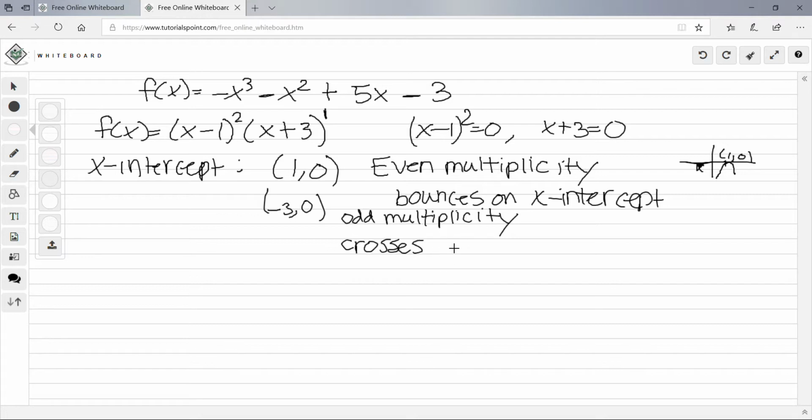So let's say it was right here. This is -3. So if it crosses, it just goes something like this. It just literally crosses the x-intercept. But this is not how our graph is going to look.